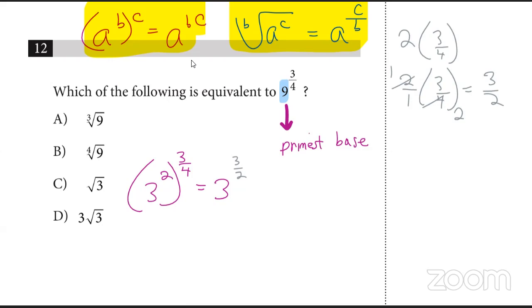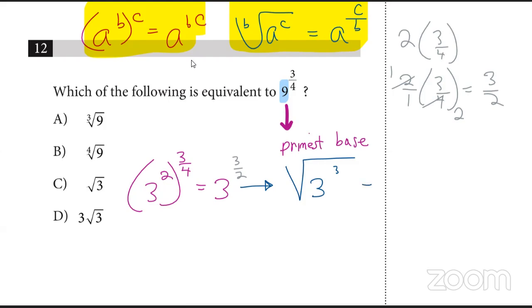So similarly here, 3 to the 3 over 2 is the same as 3 to the third with a 2 right here. But if there's a 2 in that spot for square roots, we don't write anything at all. So having nothing in that spot is the same as having a 2 in that spot, one of the little confusing things about math. But if it were the third root or the fourth or fifth root, we would have 3, 4, or 5 in that spot.